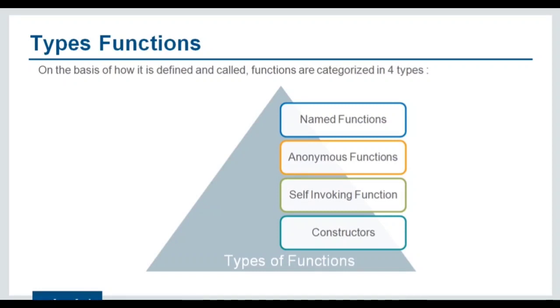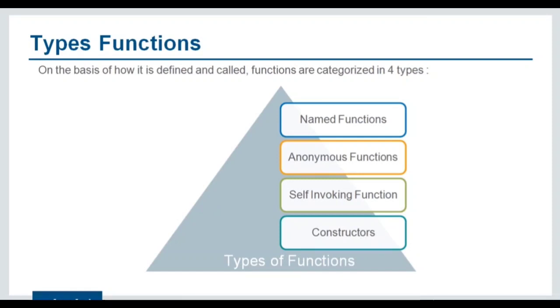Okay, now as you can see, the terms are self-explanatory basically. Named functions are functions having some name. Anonymous functions means they do not have any name. Self-invoking function. Now what is this? As I told you, definition of the function is different and calling of the function is different.